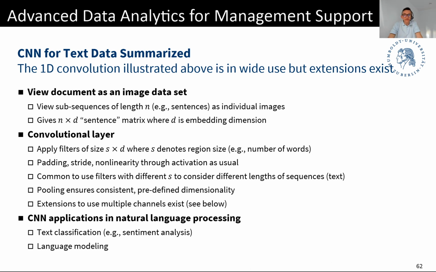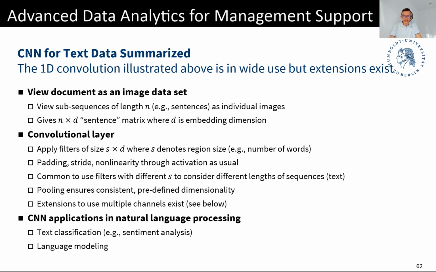Just that in the case of image analysis, you might use filters of different sizes, but you might not. And in text, you always use filters of different region sizes because you can only move the filter over the subsequence of words, but not along the other dimension, as I said.